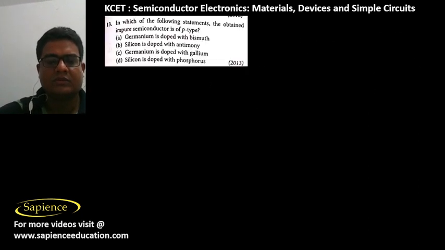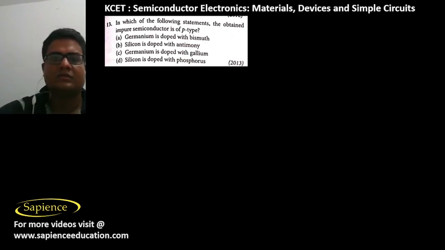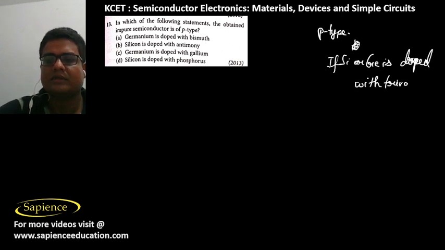Then question number 13, it is told in which of the following statements the obtained impure semiconductor is of p type. Germanium is doped with bismuth. So p type means that when silicon or germanium is doped with a trivalent atom.